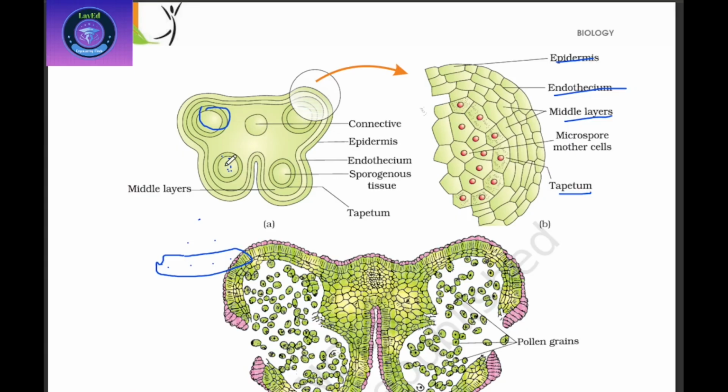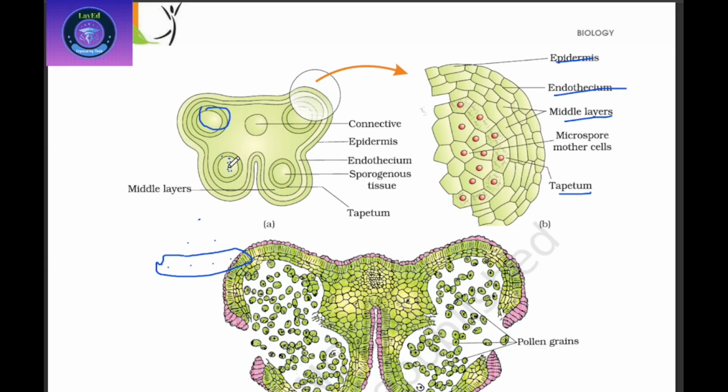Each lobe consists of two theca. Each theca consists of microsporangium or sporogenous tissue. Each sporogenous tissue consists of millions of cells. Those cells are also called pollen mother cells because they can give rise to pollen grains.